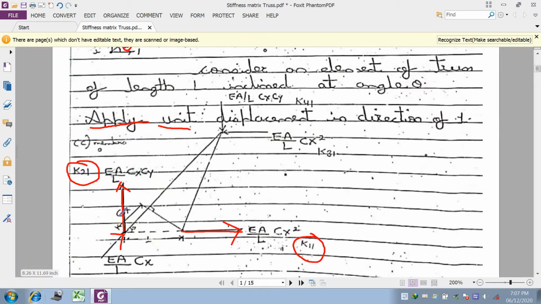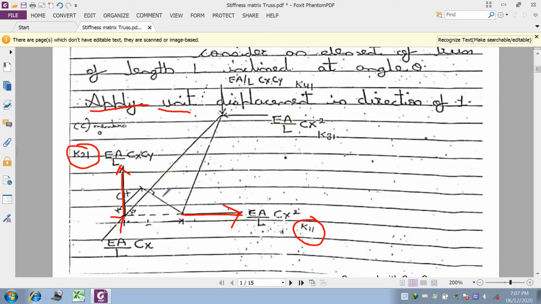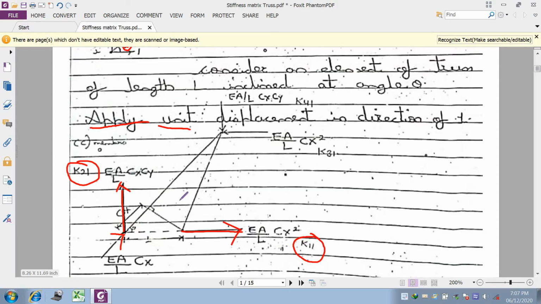Now whatever values we obtain at points 1 and 2, we have to maintain the equilibrium condition on the opposite side. So by default, at the farther end, that is at node J, where it was EA by L CX CY in the upward direction, here it will again be EA by L CX CY but in the opposite direction, so that this vertical force and this downward force become 0.